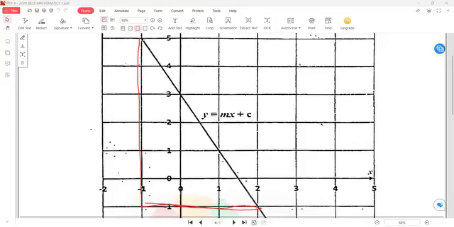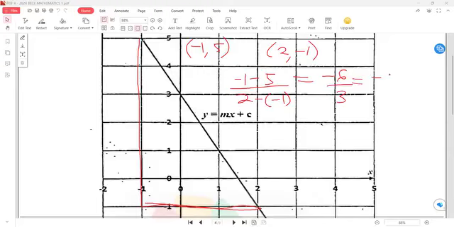And the points under discussion are negative 1, 5. And then this is 2, negative 1. So if I have y2 minus y1, so negative 1 minus 5 out of 2 minus negative 1. And that is negative 6 out of 2 plus 1, which is 3. And my slope is negative 2.